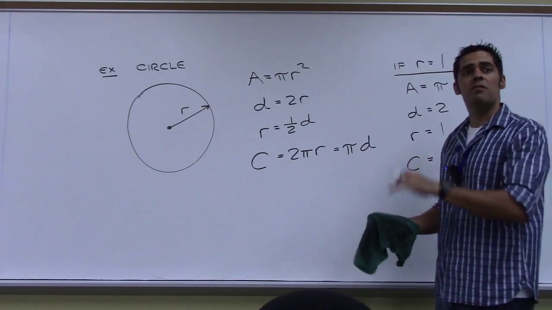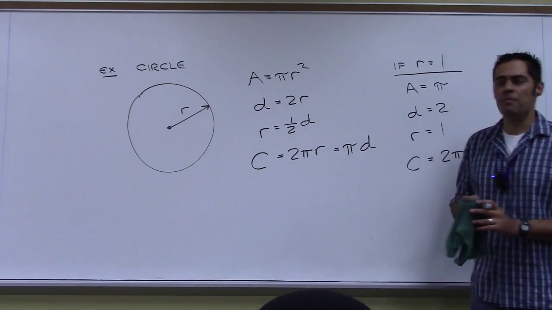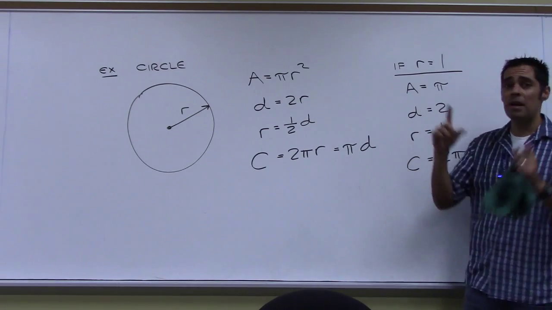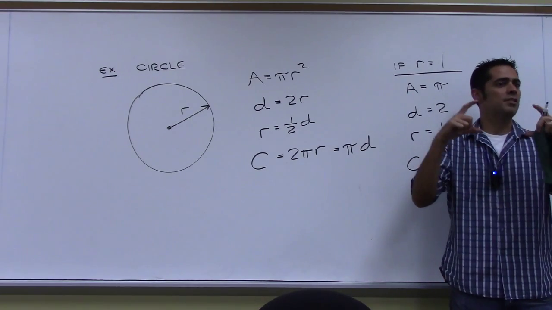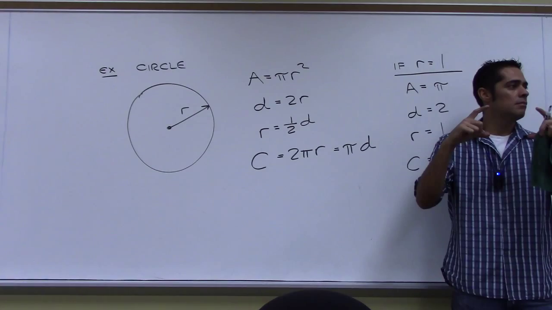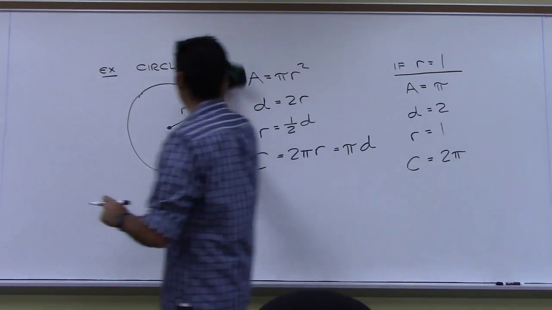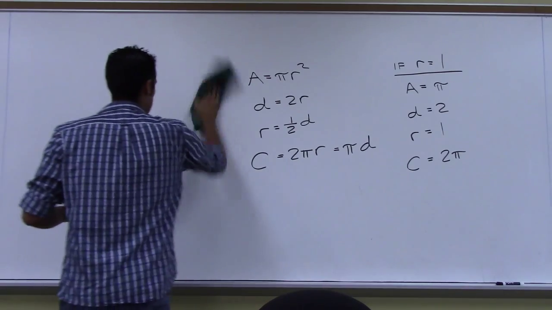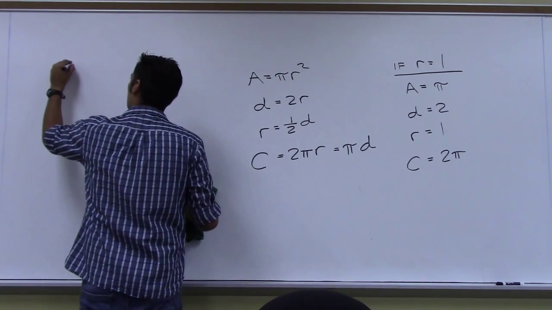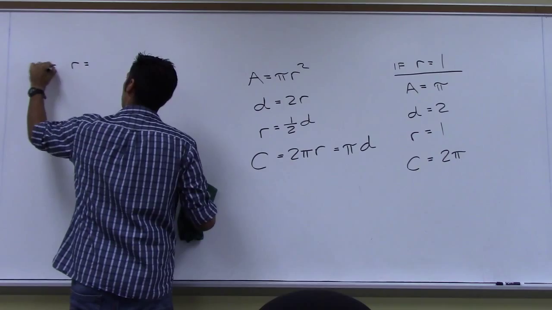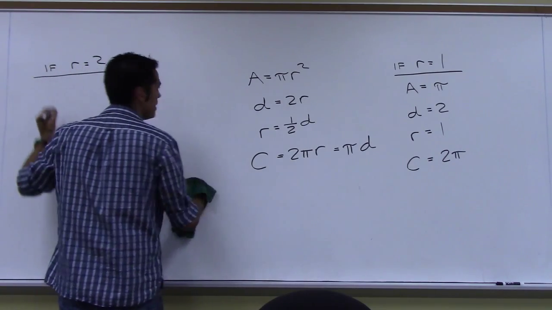All right, let me change the radius for you. Imagine I take that circle that had a radius of 1 and increase the radius by 1. So what's the radius going to be now? The radius is going to be 2. Give me the information again.